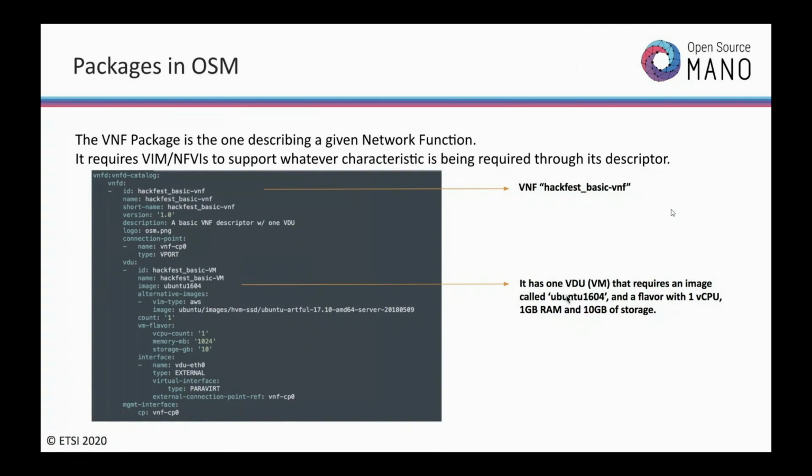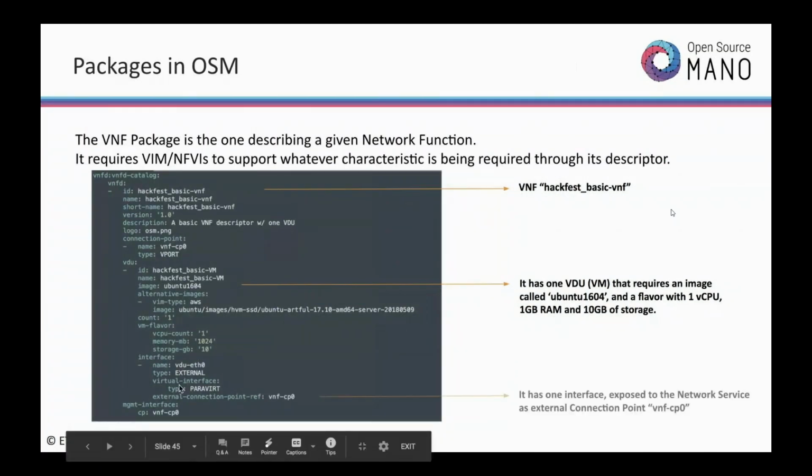That requires an image called Ubuntu 1604, and a flavor with 1 CPU, 1 gig of memory, and 10 gigs of storage, VM flavor. It exposes just 1 interface, just 1 dash, so just 1 interface.